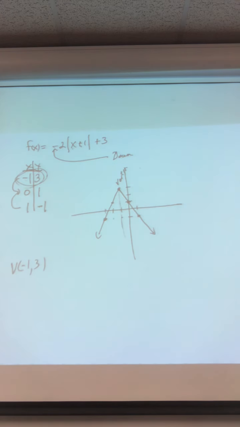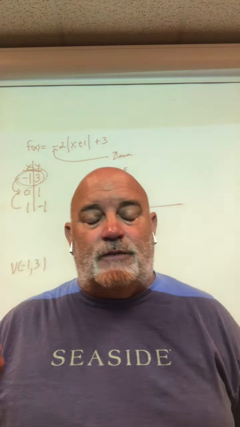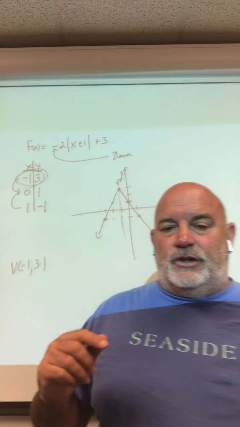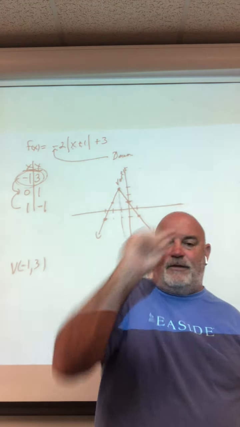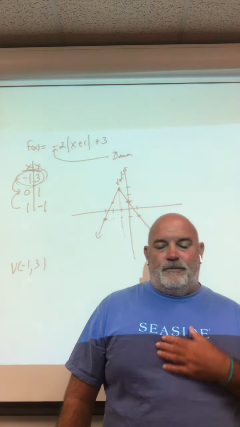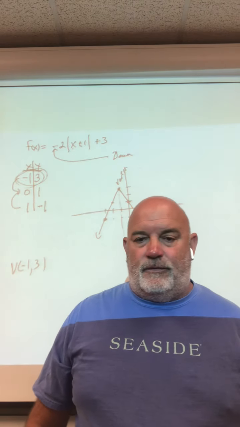Okay, so that concludes this section, graphing radical functions and absolute value functions by first of all using the parent function. A radical function is half of a U-shape. It'll either be the upper half of the U-shape or the lower half of the U-shape, bottom half, depending on if that number is positive or negative.